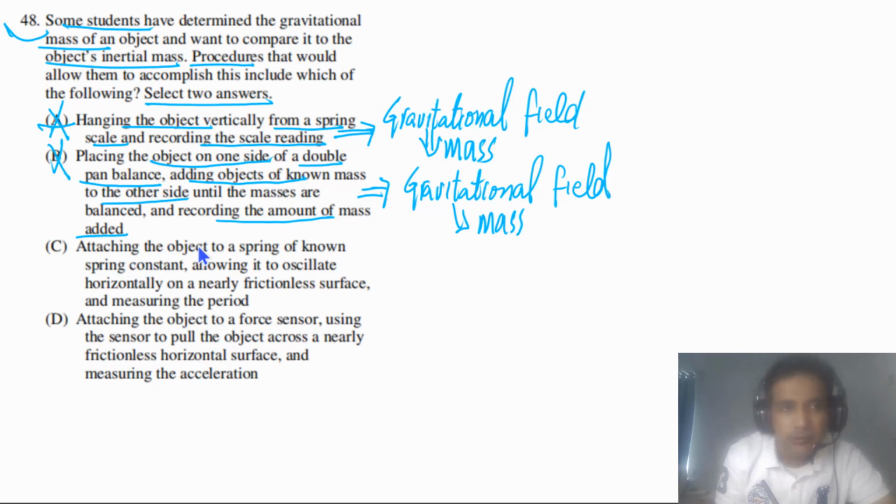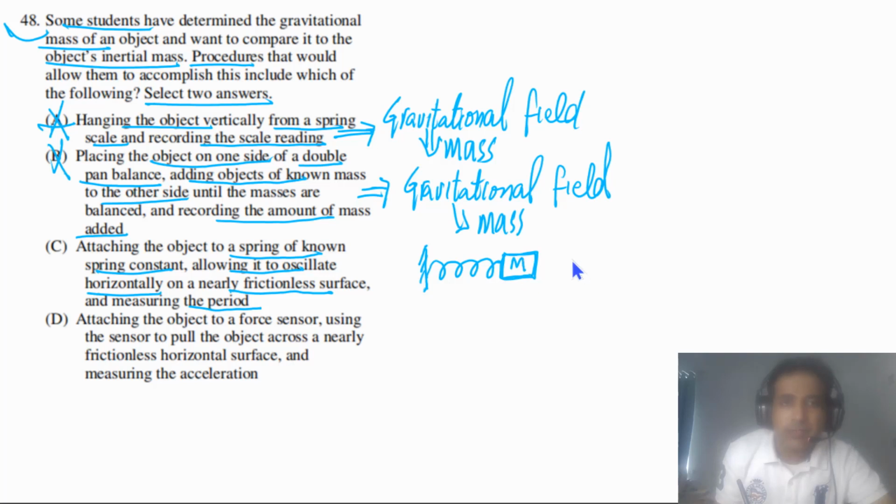Now if you look at option C, it is given to us attaching the object to a spring of known spring constant, allowing it to oscillate horizontally on a nearly frictionless surface and measure the period. So in this case mass is oscillating on a horizontal frictionless surface, and we can determine the time period.